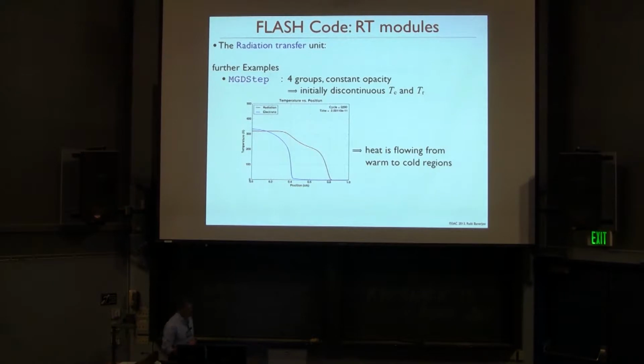And here you don't have in this sense an analytic solution, but you can watch what happens there over time, and you see how you started off with a step function in both temperatures, and then they evolve independently and get smeared out while the colder region gets warmer, and vice versa.